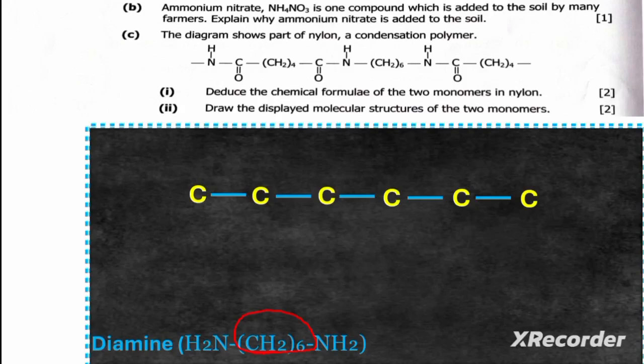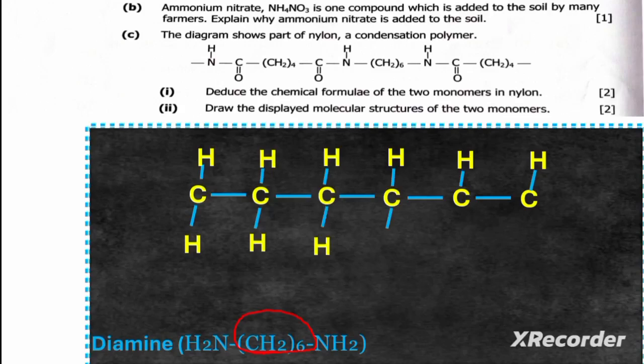So let us draw 6 atoms of carbon. Then these 6 carbon atoms are surrounded by 12 atoms of hydrogen. Then we can see that this group is surrounded by NH2, so we draw NH2 here and NH2 here.